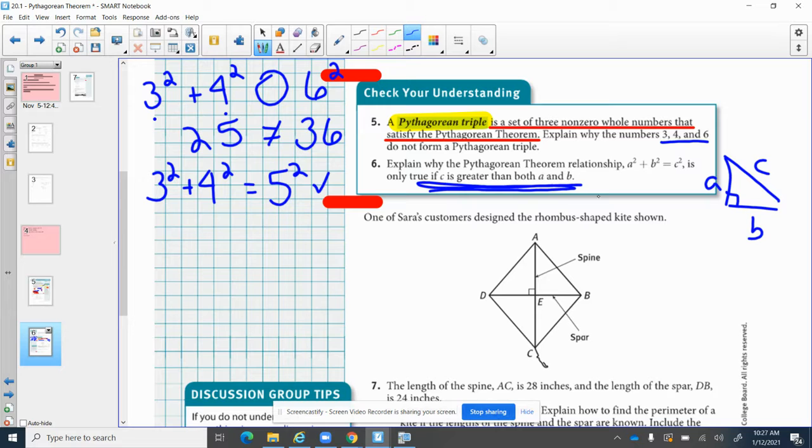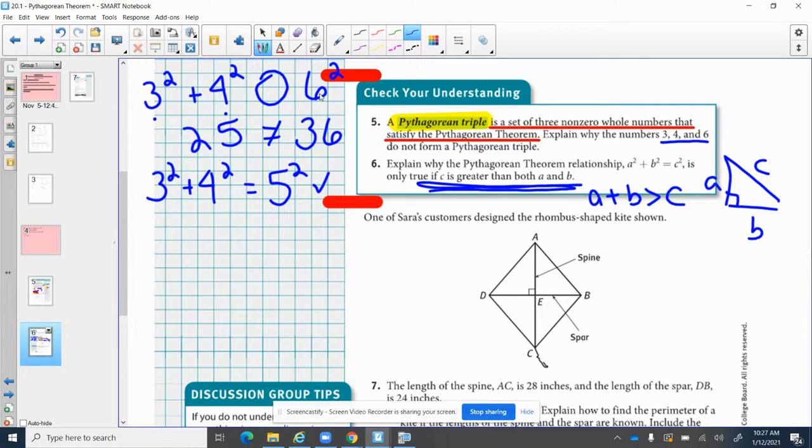So even without squaring, A plus B would have to be bigger than C for a triangle to exist. We'll talk about this more in the next lesson, but that's why C is always the biggest side, because if the biggest side was over here, it would never be greater than this. Okay, so keep that in mind moving forward.